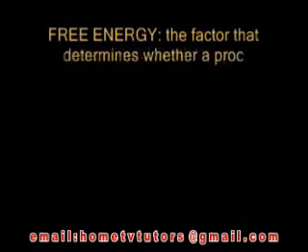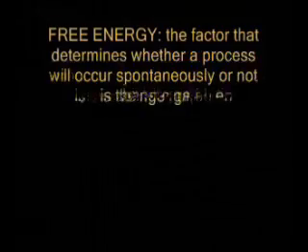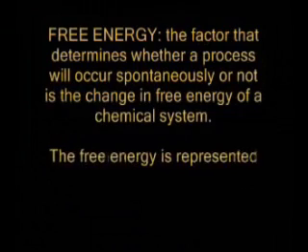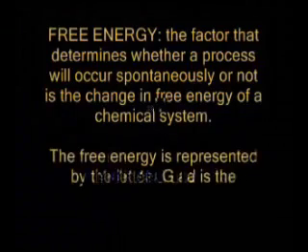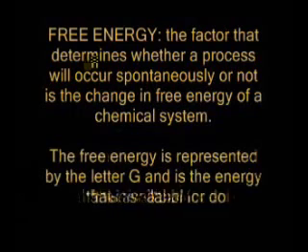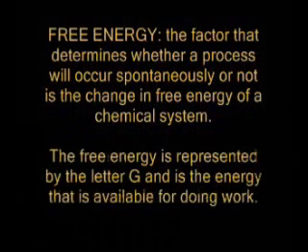Free energy. The factor that determines whether a process will occur spontaneously or not is the change in free energy of a chemical system. The free energy of a chemical system is represented by the letter G and is the energy that is available for doing work.